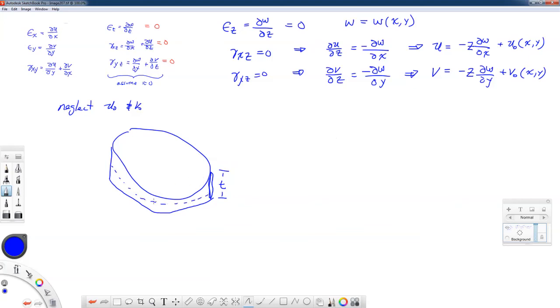And on this midplane we have an x and a y-axis, and the z-axis of our plate going down this way. So the top and bottom surfaces of the plate lie at plus and minus t over 2.